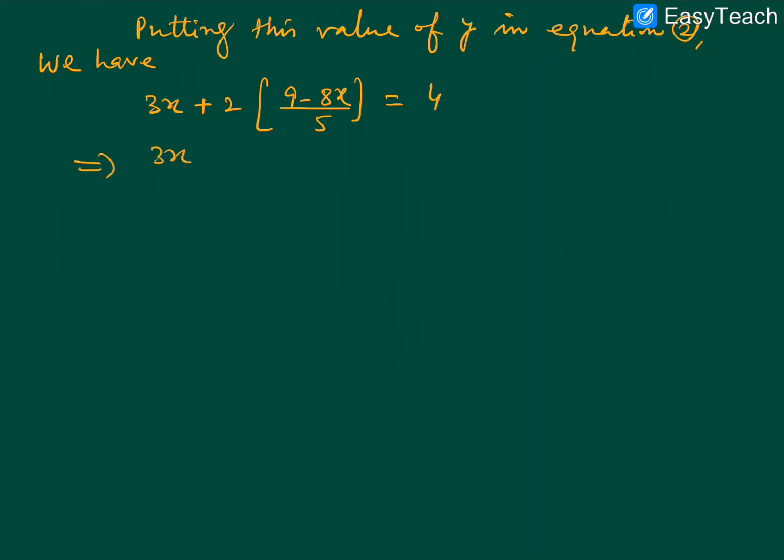This becomes 3x, 18 minus 16x by 5 is equal to 4.